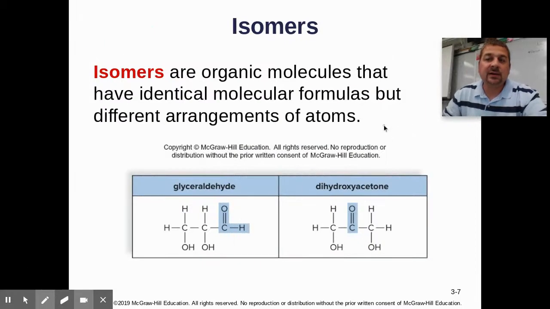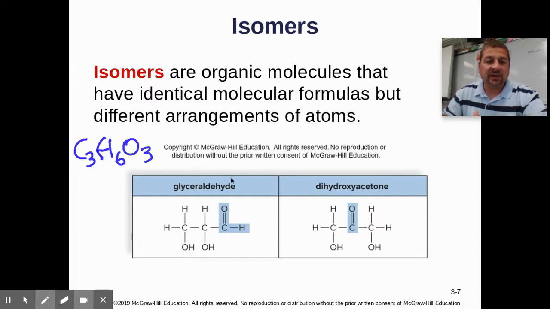Just a side note, when you're talking structural formulas versus chemical formulas, understand that the structural formula might be different. You can have a chemical formula, for example, down here, this would be C3H6O3.